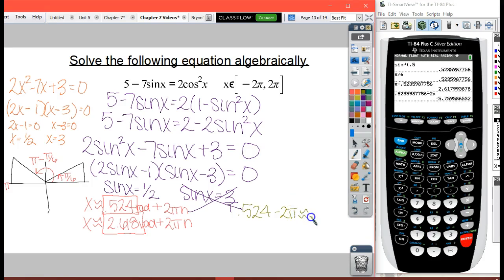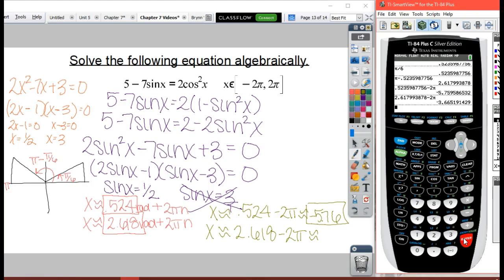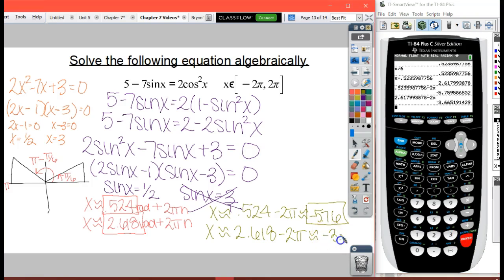I will get approximately negative 5.7, and that would round to 6. That's my third answer. And then for my last one, I'm going to start with the 2.618, subtract 2 pi, and again, use the entire answer in your calculator. Also make sure that you're using the pi button and not 3.14, and we will get negative 3.665. Now that we've found all the solutions, we are done with this problem.